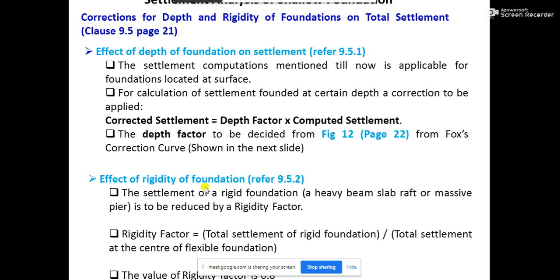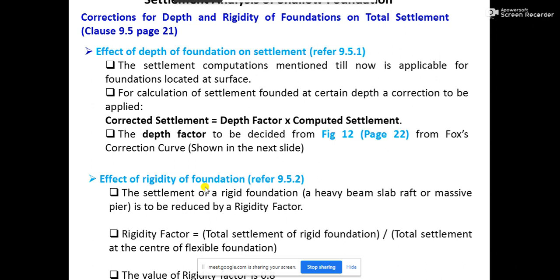The settlement calculation we have mentioned till now is applicable for foundations located at surface level. Surface level means on the ground. So if you want to calculate the settlement of a foundation at some depth, you will have to apply a correction factor.